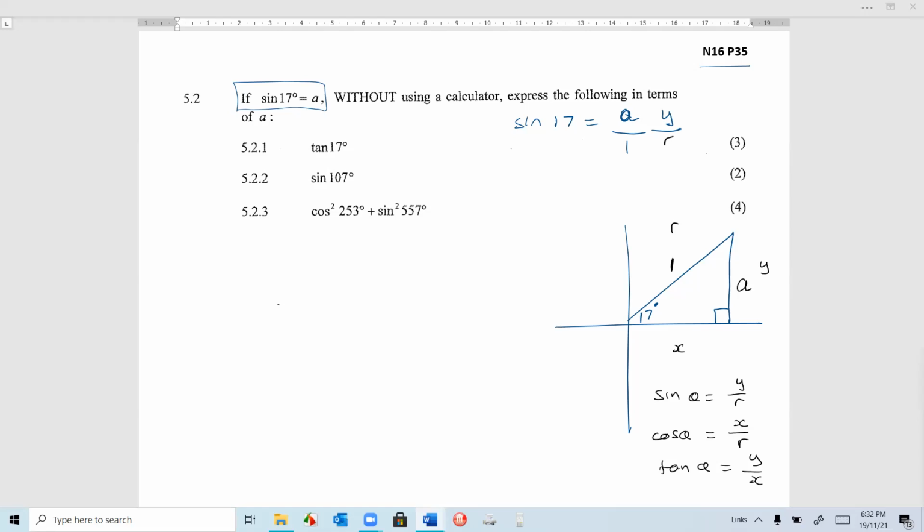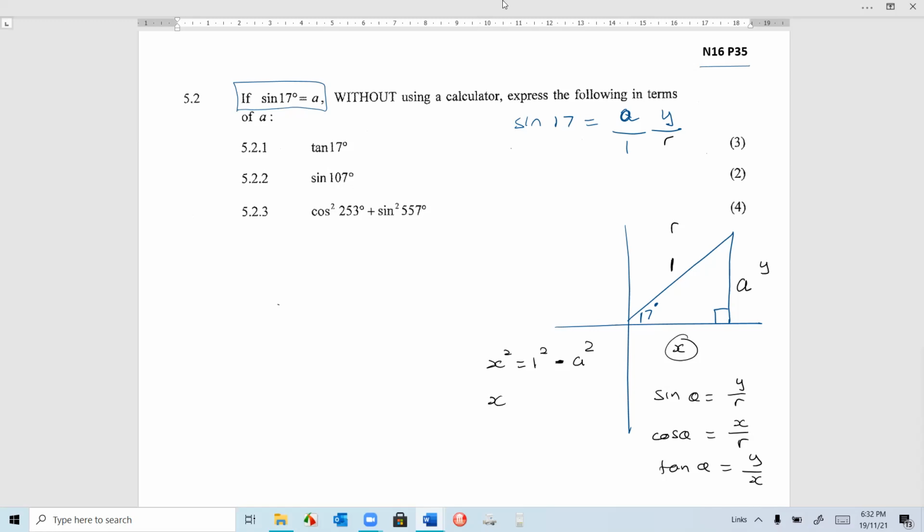So now this is very important, because if we know our definitions, we can apply them. In a question like this, you're going to use Pythagoras and find the third side. Your X is missing. So using Pythagoras, X squared is equal to R squared, which is 1 squared, minus the Y squared, which is A squared.